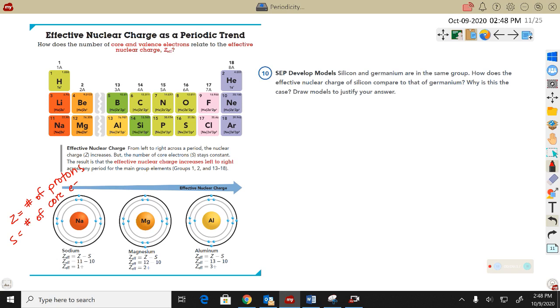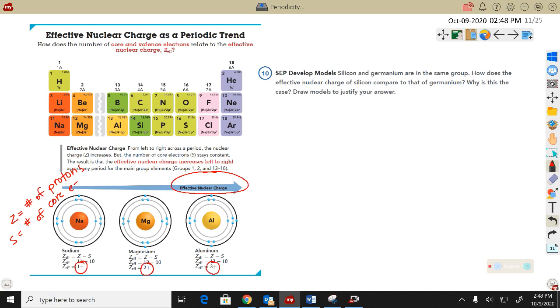Then you subtract them and you get this number, and the higher the number, the stronger the attraction. So when they say effective nuclear charge increases going across a row, here they're showing us sodium, magnesium, aluminum. It's 3 elements that go across a row, across a period. They're showing that effective nuclear charge increases: +1, +2, +3.